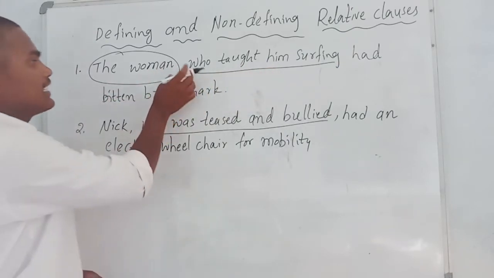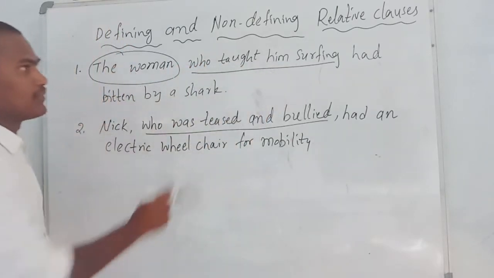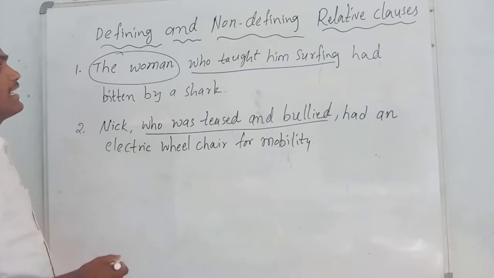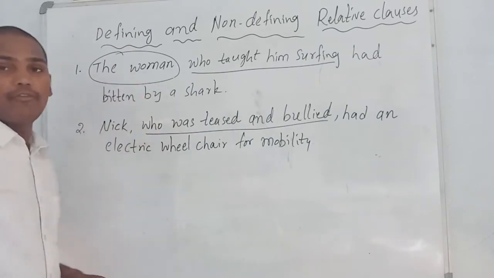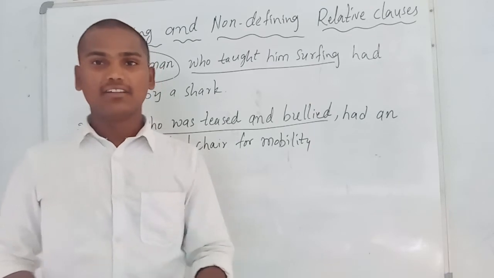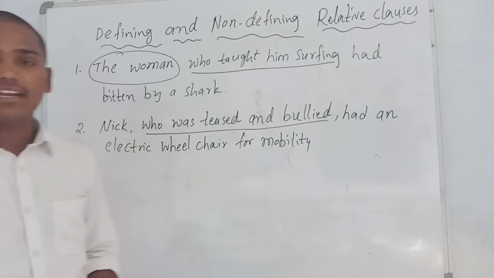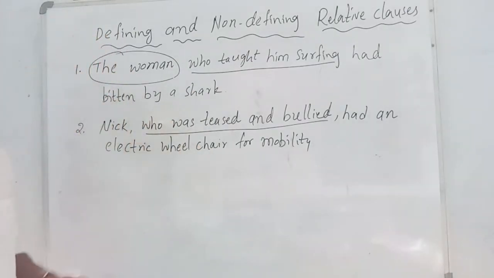So there is a relation between these two parts: the woman who taught him surfing. Because of this, the woman gets an identity. So now we can definitely guess who that woman is: Bethany Hamilton. If we don't have this part of the sentence, how can we identify this woman?